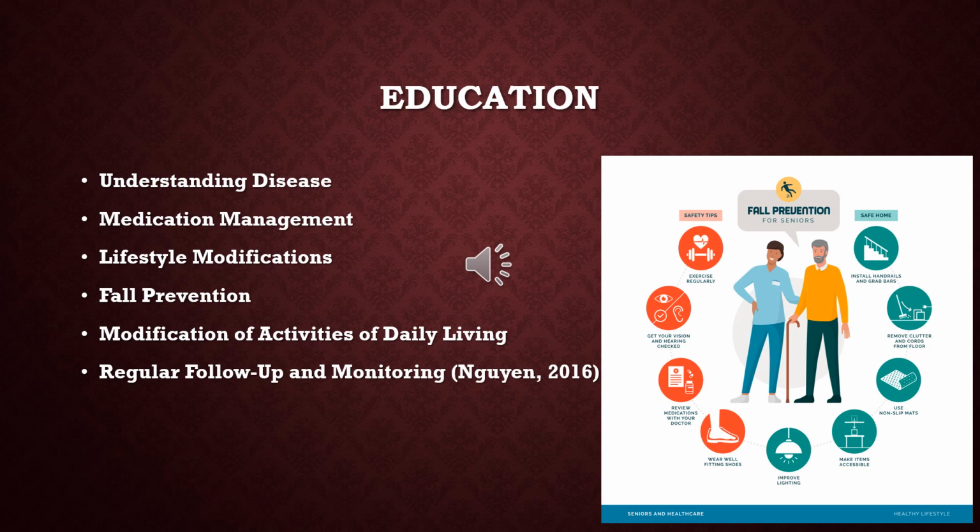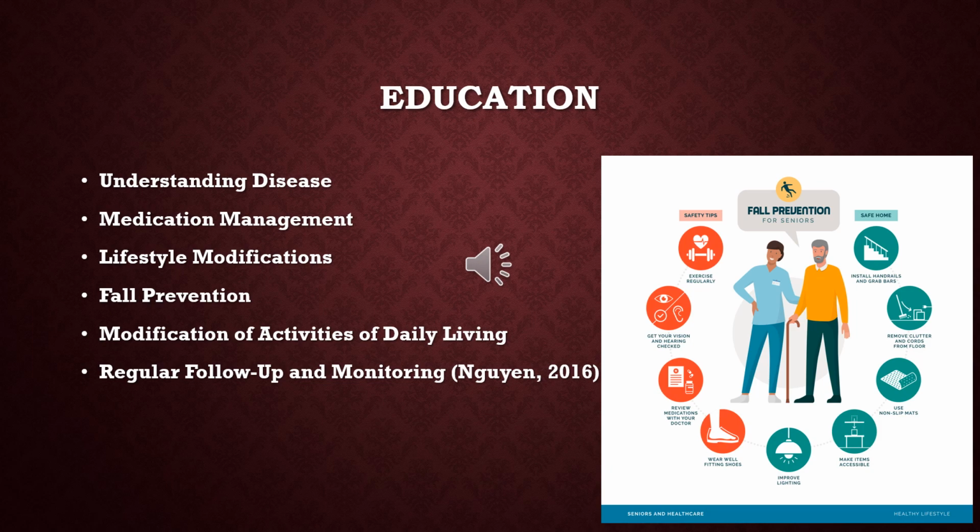There can be several components to education for patients with osteoporosis. These would include understanding the disease, medication management, lifestyle modifications, fall prevention, modifications to activities of daily living, and regular follow-up and monitoring of osteoporosis.